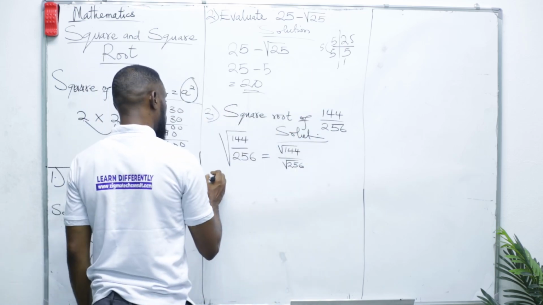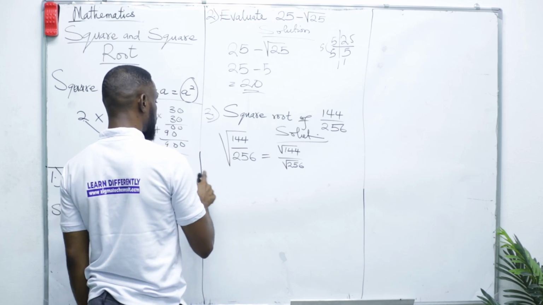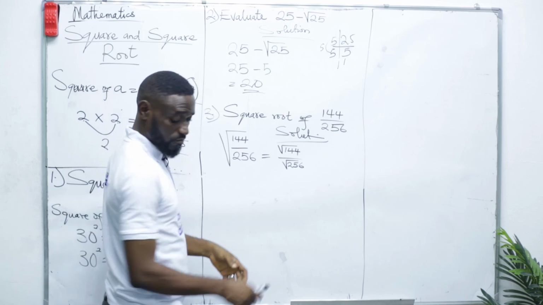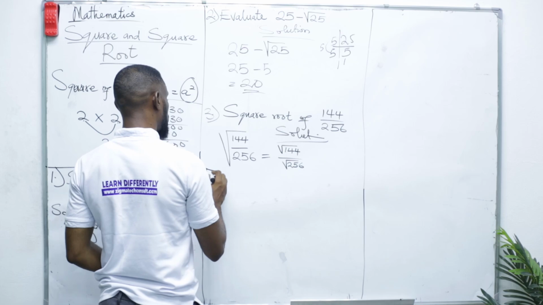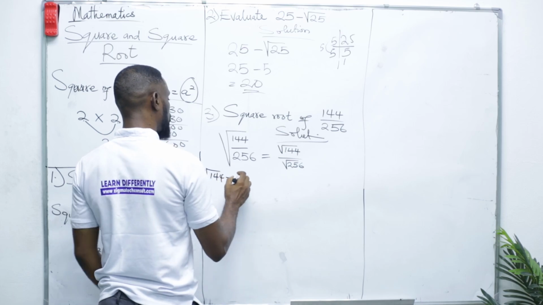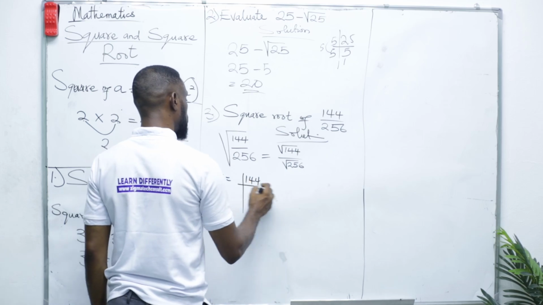So the square root of 144 is equal to 144 all over what?